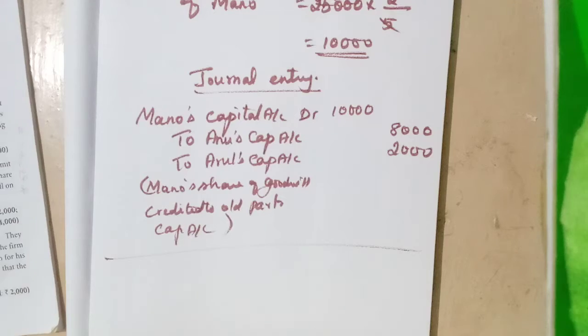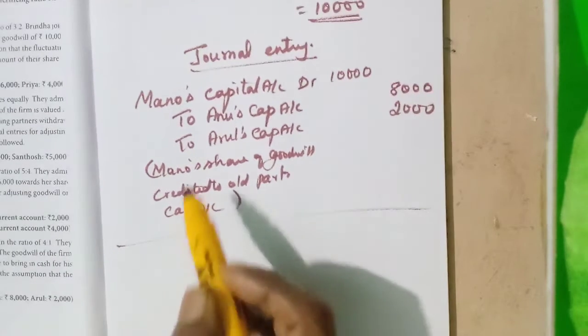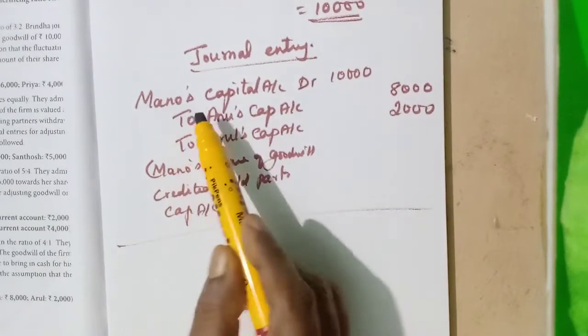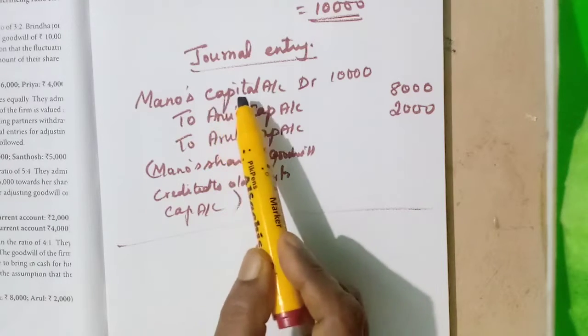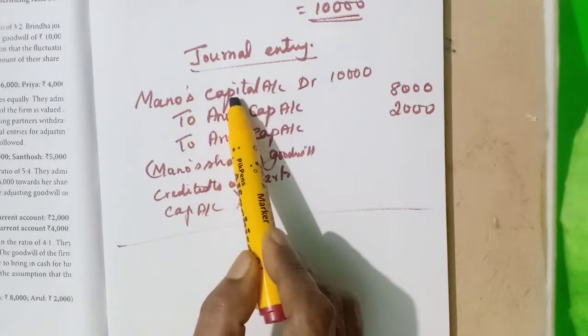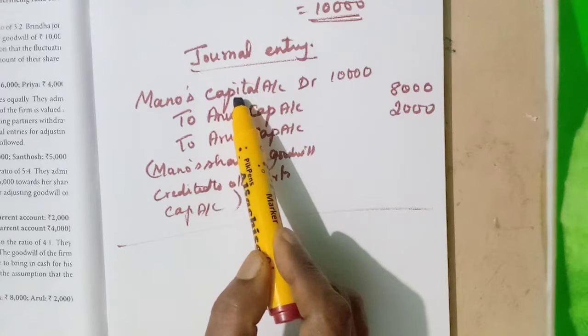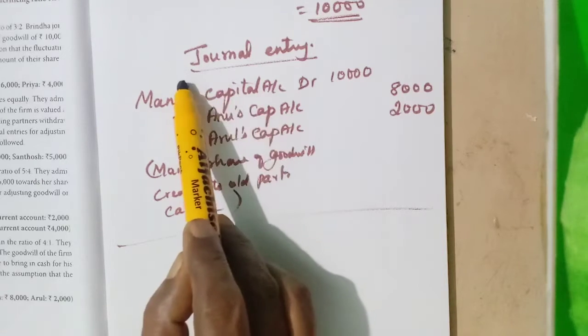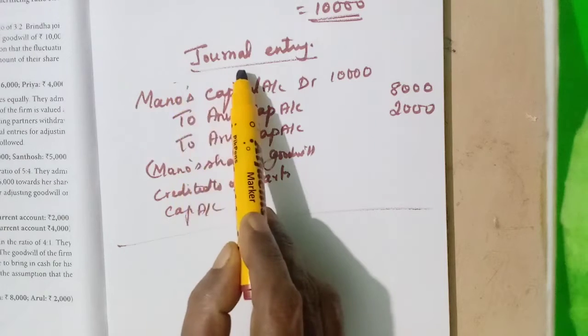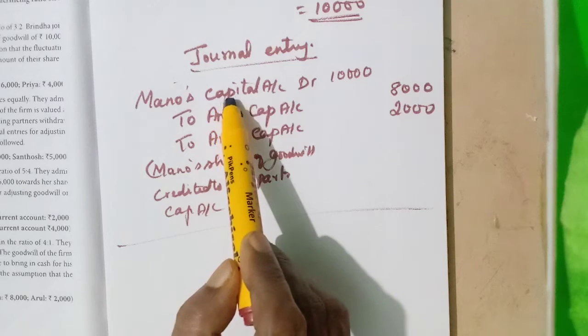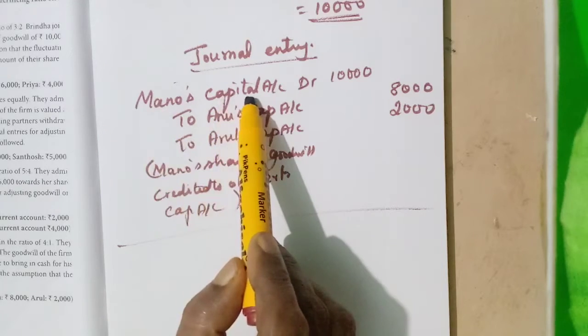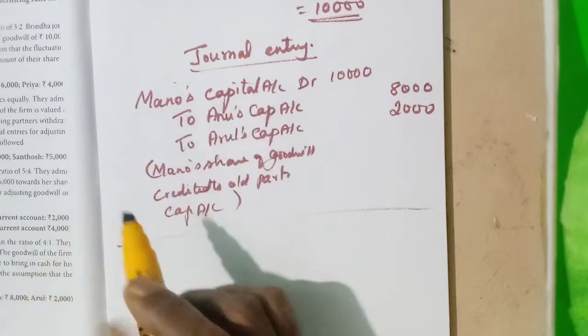Now another one, let me change the 21st one. Some partners will bring some cash and some nothing. So what we can do? Cash or bank must be debited for the amount he is bringing in for cash, and the other amount that he is not able to pay cash, we will debit the capital account.